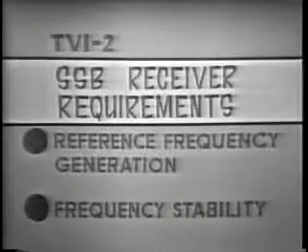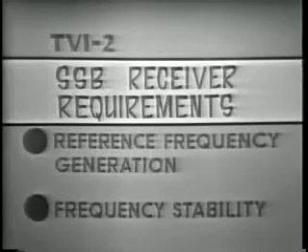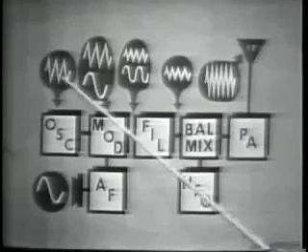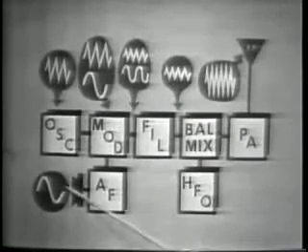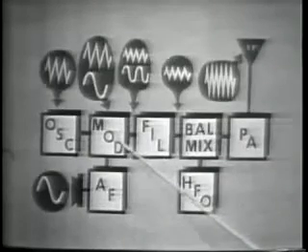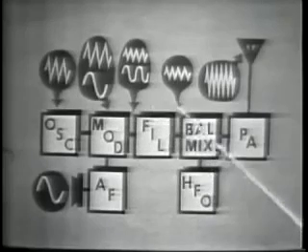Now let's quickly summarize the entire single sideband system to make sure everything fits together. The transmitter generates a stable low-frequency RF carrier, which we modulate with an audio frequency. The balance modulator mixes the two and creates the sidebands.